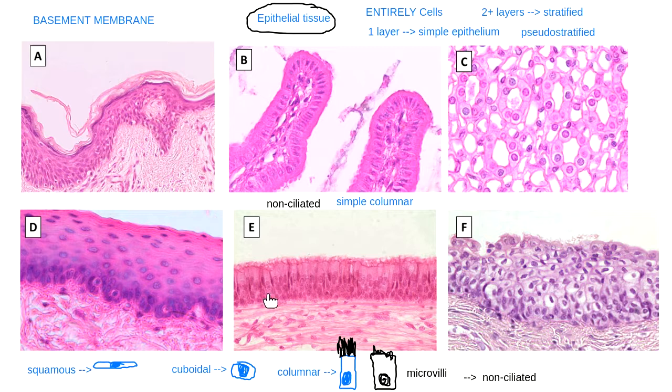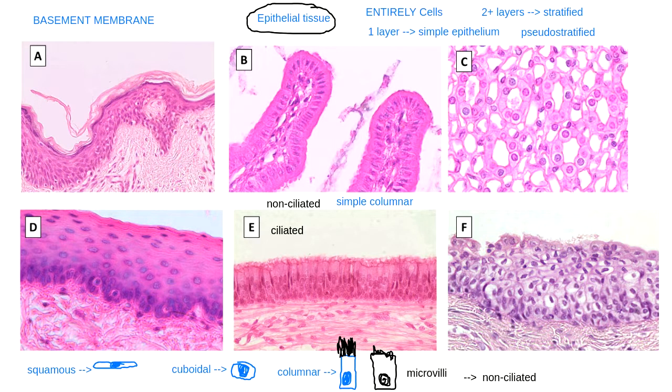We also voted in the chat that tissue E right here is another example of columnar epithelium. These cells are tall and skinny. And when I look at these cells, I can see those eyelashes on top. So we figured out a couple of things about the name of this tissue. The first thing is we've got eyelashes, so we are ciliated.